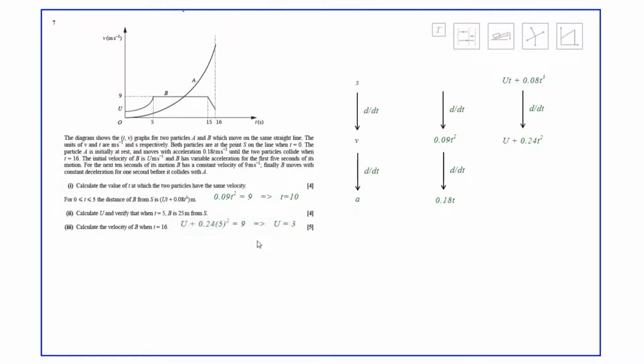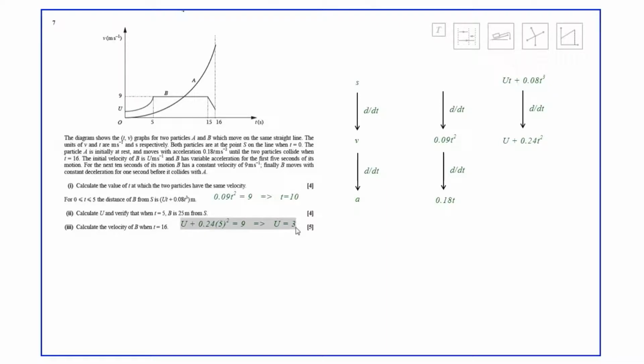That gives us a u value of 3, because we've got 0.24 times 25, which is like 0.25 of 24, or a quarter of 24, which is 6. So u plus 6 equals 9, and u is 3.